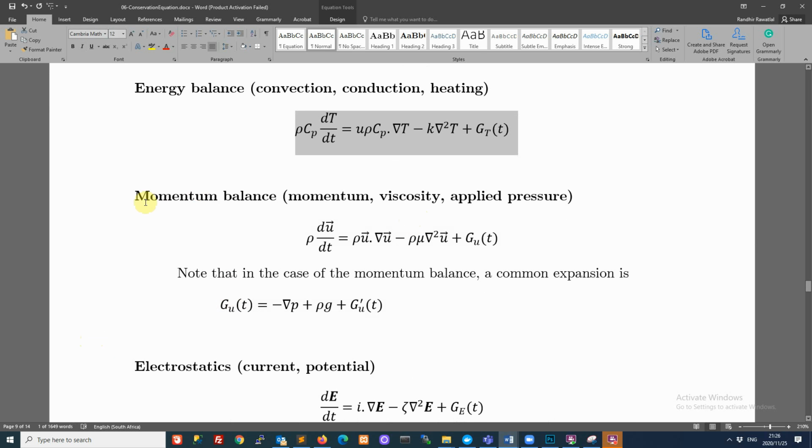And then if you think about your momentum balance, you also had a density times velocity term, and that was multiplied with the del of your velocity. So you had a gradient in velocity multiplied by the velocity itself. And then you had viscosity here.